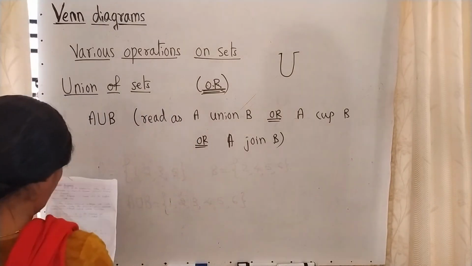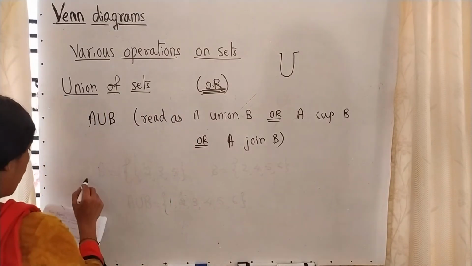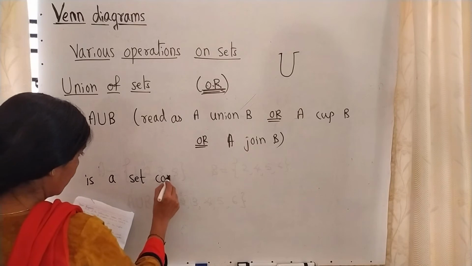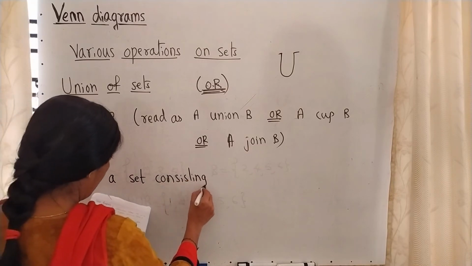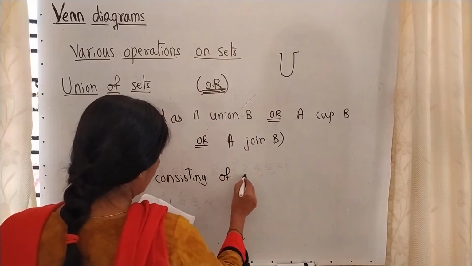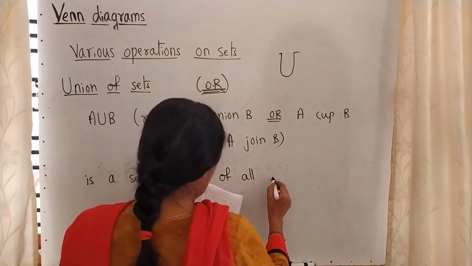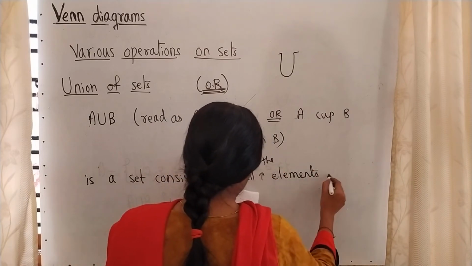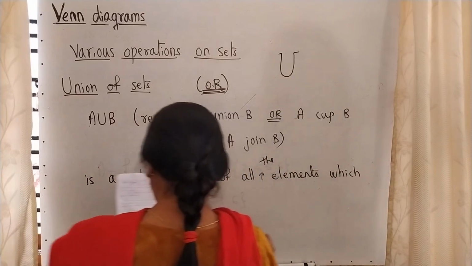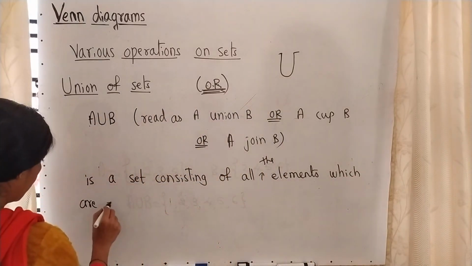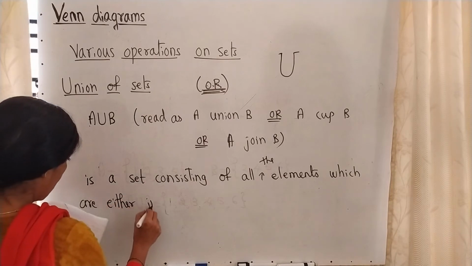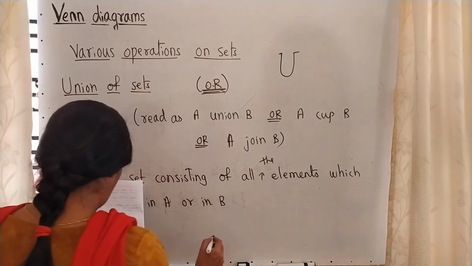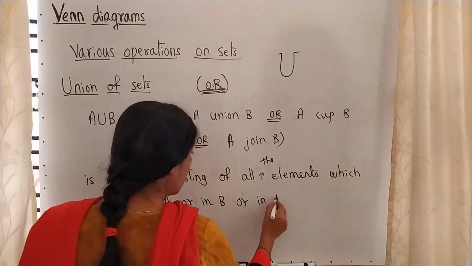A union B is a set consisting of all the elements which are either in A, that is in set A, or in B, or in both.